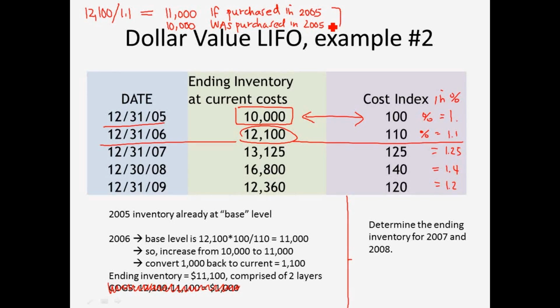So do I have more or less inventory than I started with? More, okay. So I have the $10,000 that I originally purchased in 2005. But now I have another $1,000, but I purchased it in 2006, so how much did that $1,000 actually cost me? $1,100.